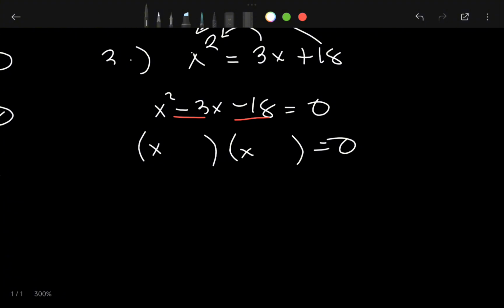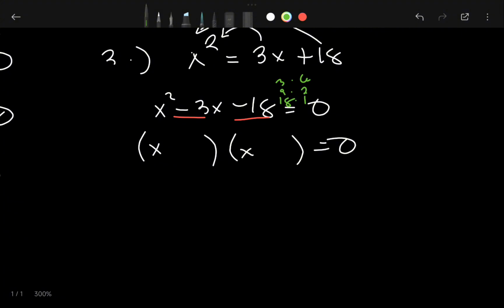It can be 3 times 6, and we also have 9 times 2, and we also have 18 times 1. Remember, our goal here is to get the product as negative 18, but the sum must be equal to negative 3.